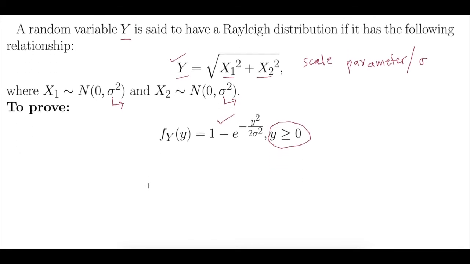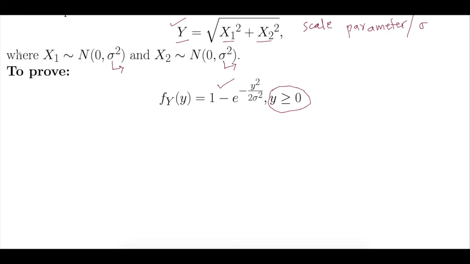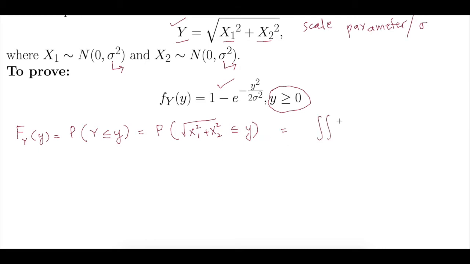So how do we find the PDF? We'll use the CDF method, which means that we will say F_Y(y) is equal to the probability of Y less than y, which is equal to the probability of the square root of x1 squared plus x2 squared being less than y, which is equal to the integral of f(x1, x2) dx1 dx2 such that x1 squared plus x2 squared is less than y squared.